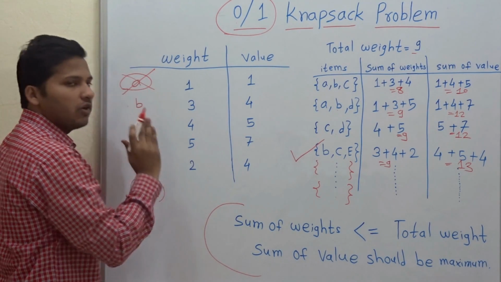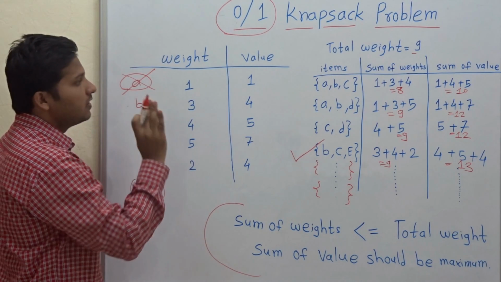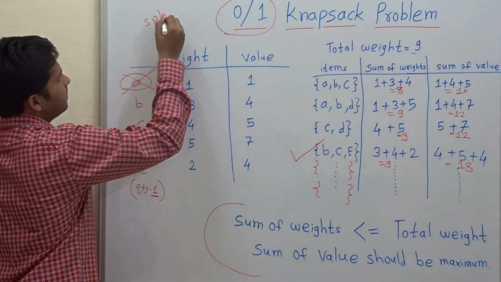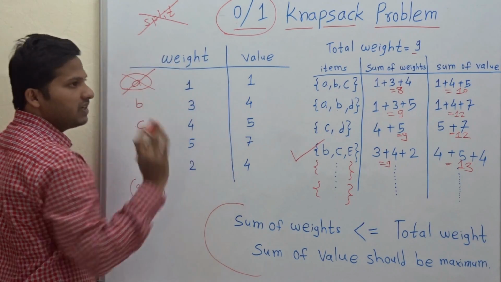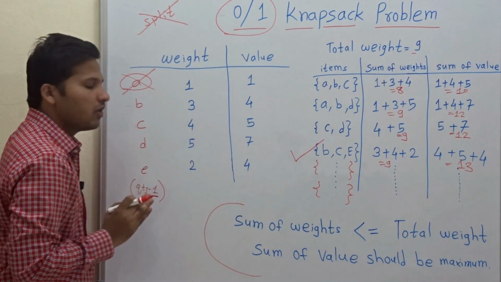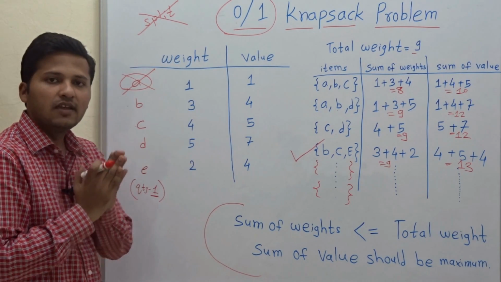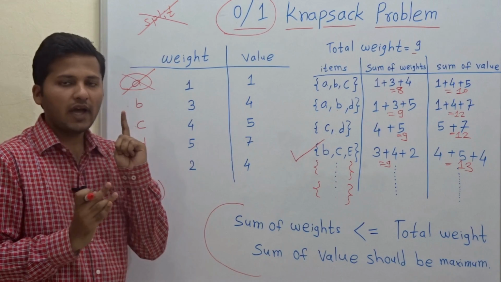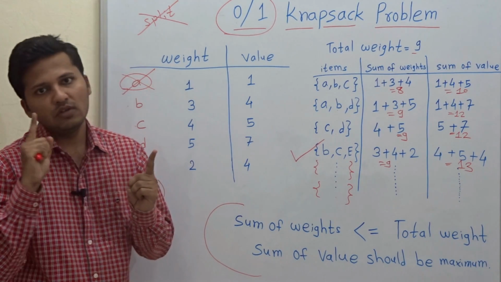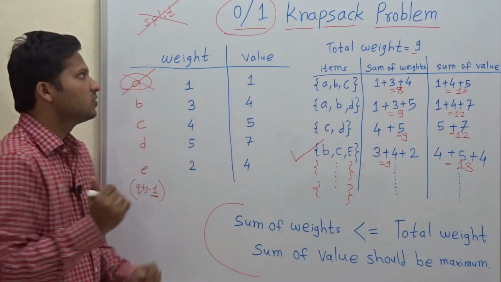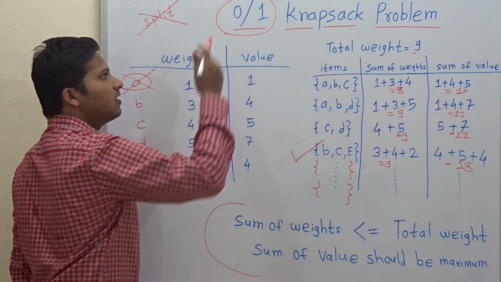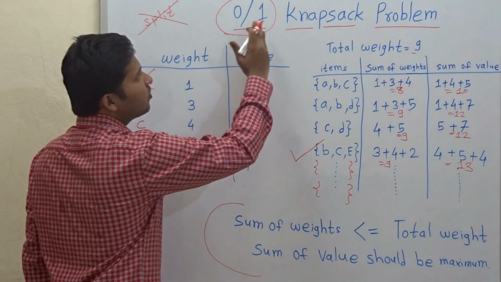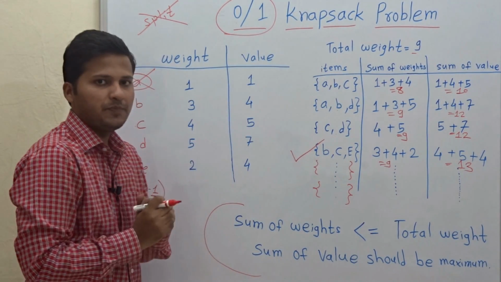You cannot divide the item or you cannot split the item, which can also be said as you cannot take fraction part of the item. You have to either take the item or you should not take the item. So that is 0 or 1, which is why this problem is called as 0 or 1 knapsack problem.